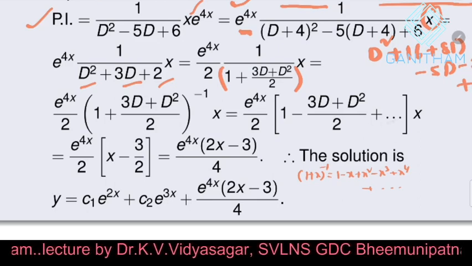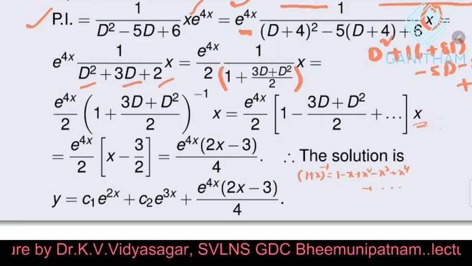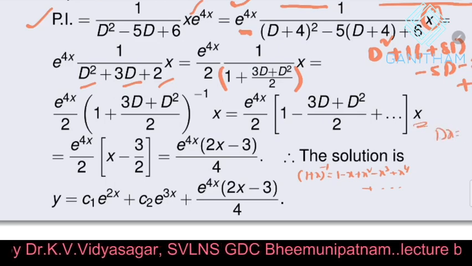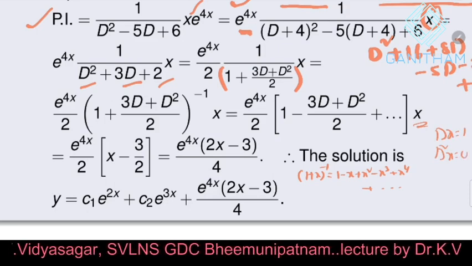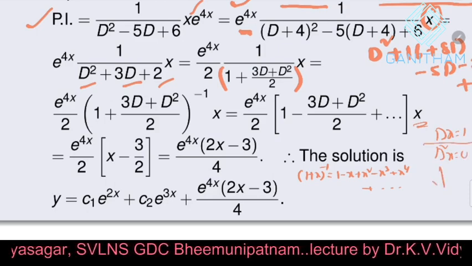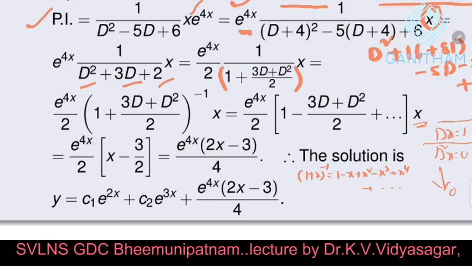After that, plus x square, but the derivative of x is 1, and the second derivative of x is equal to 0. So after that all the remaining derivatives are 0. So I would like to take only the first derivative of x.